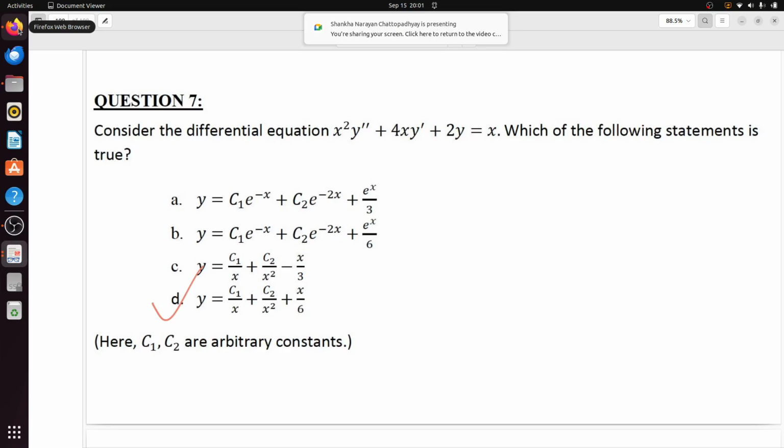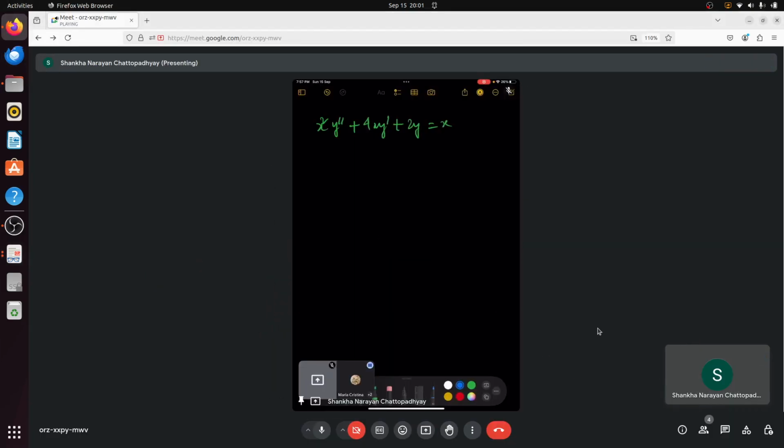So first, this is just a Euler-Cauchy differential equation. It's also an Euler equation, but we have something different.